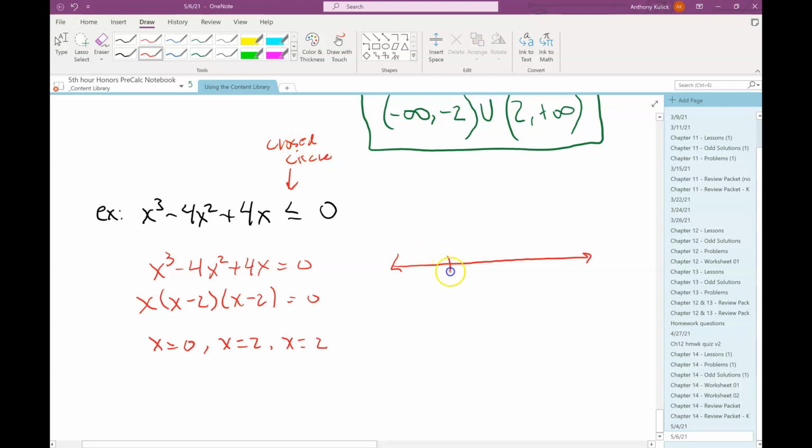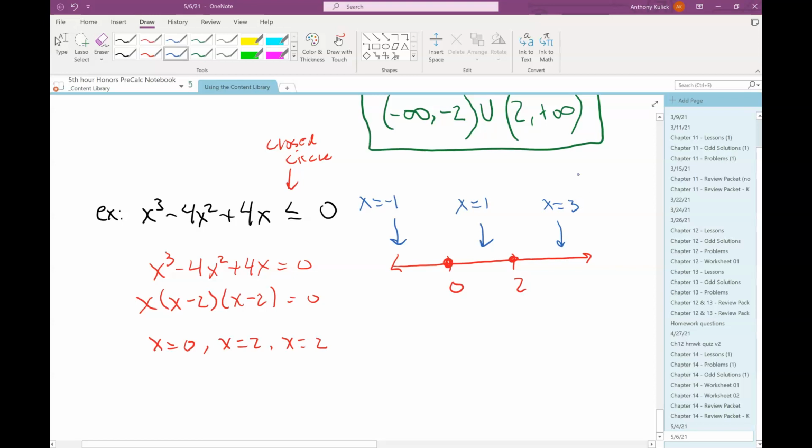I'm not sure that was much of an improvement, but so far so good. And then I'm going to pick a test value from each of these 3 sections. Something left of 0 might be -1, in between 0 and 2 might be +1, and something bigger than 2 could be 3.